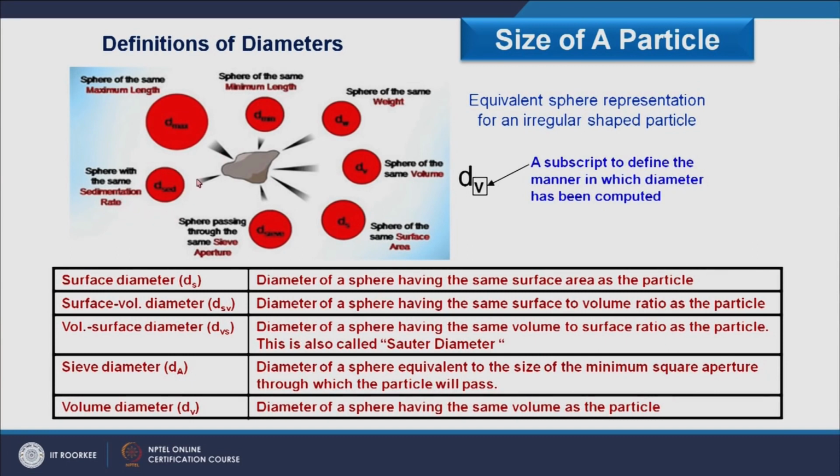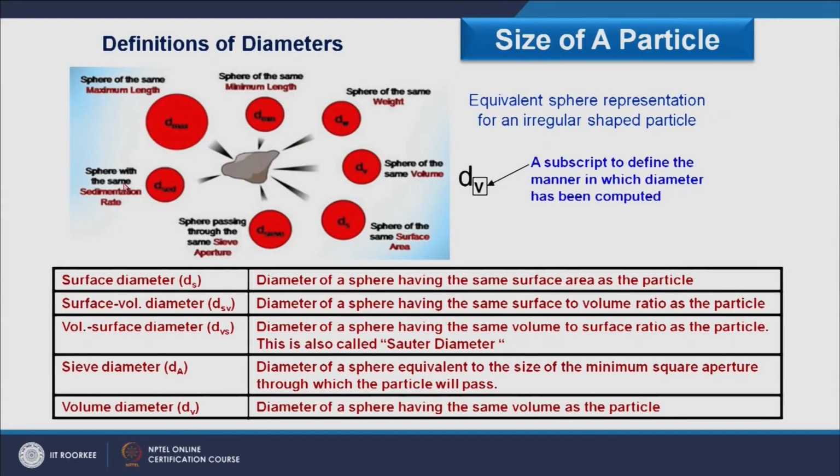So you can understand that though we have an irregular particle, according to the purpose, according to the application, we can equate this to a sphere in many ways. Till now we have seen different definitions of particle size.